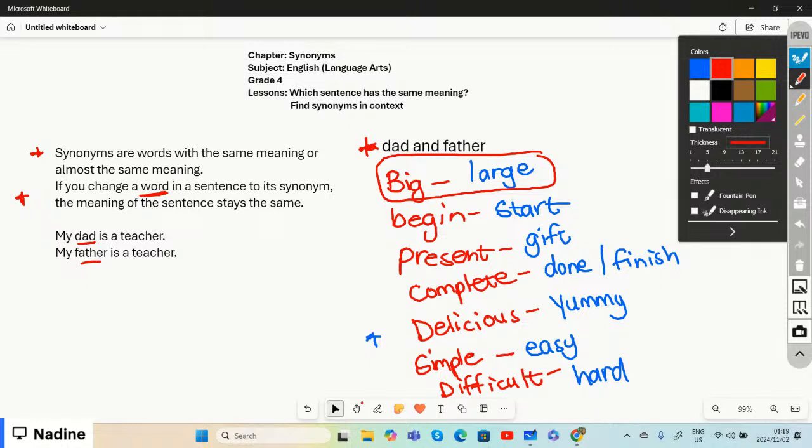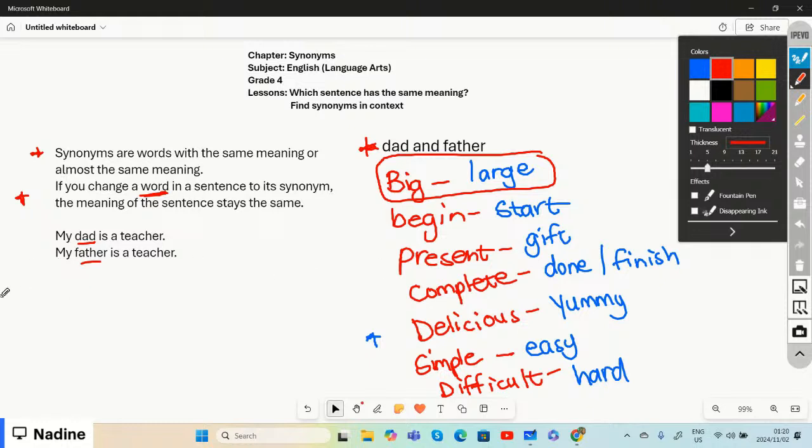And we are now going to, to make it a bit easier, I'm going to write down a sentence and we're going to see how we're going to choose a different word that's a synonym, and yet the sentence is going to stay the same. All right.